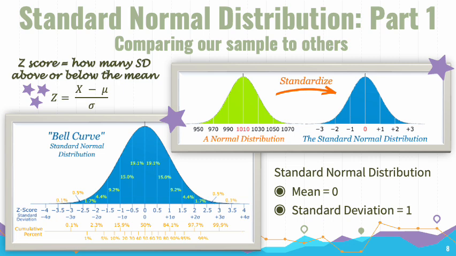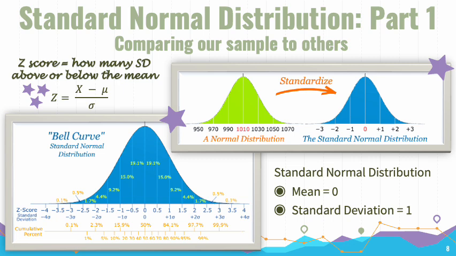The standard normal distribution provides a way to place all of the values, or the scores, or the data pieces, on a standardized normal scale. In a standard normal distribution, we have assumed that the mean is 0 and the standard deviation is 1.